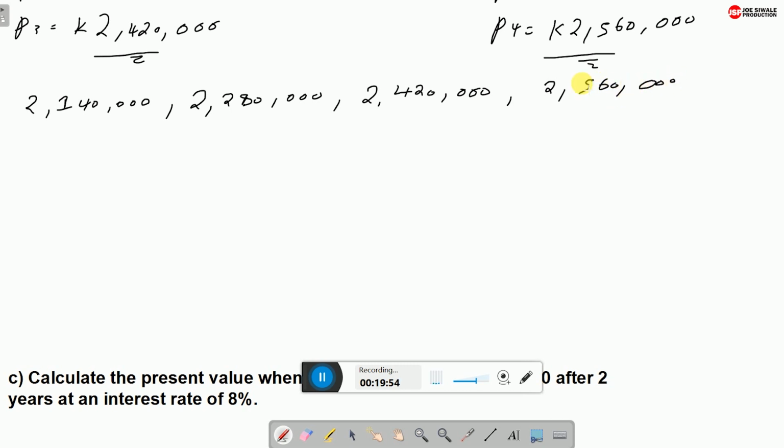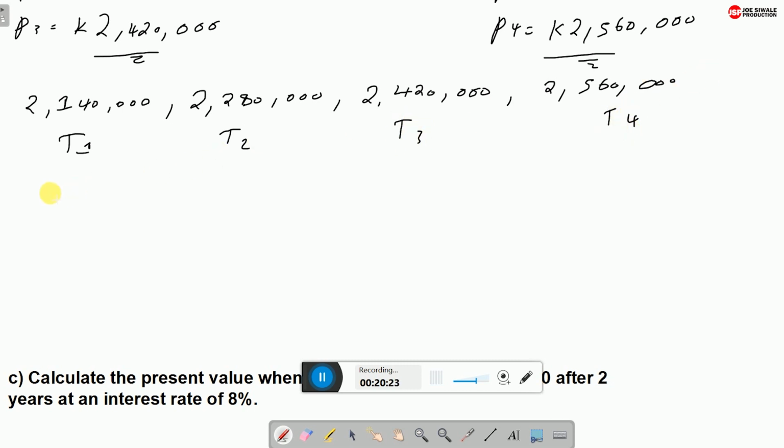2,560,000. So we have to show that this sequence is an arithmetic progression, and I've said that an arithmetic progression can be found when you are able to identify the common difference, and the common difference between the two numbers in the sequence has to be the same. Here we have our T1, T2, T3, and T4.